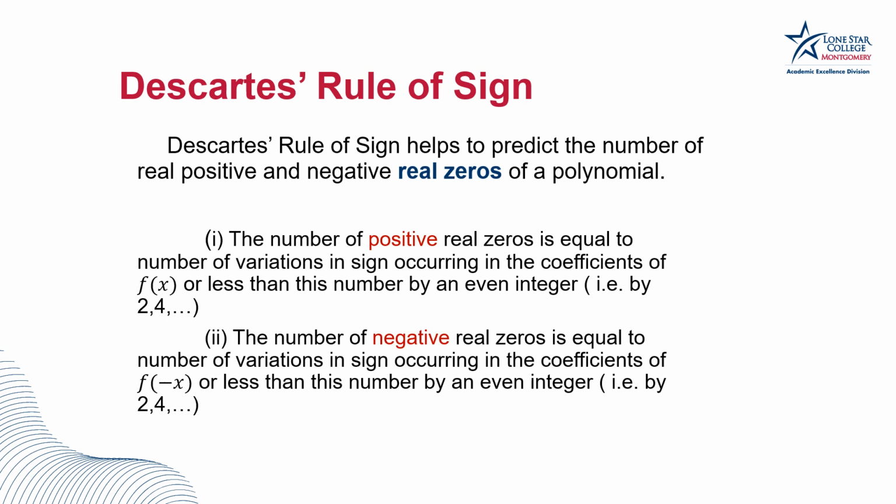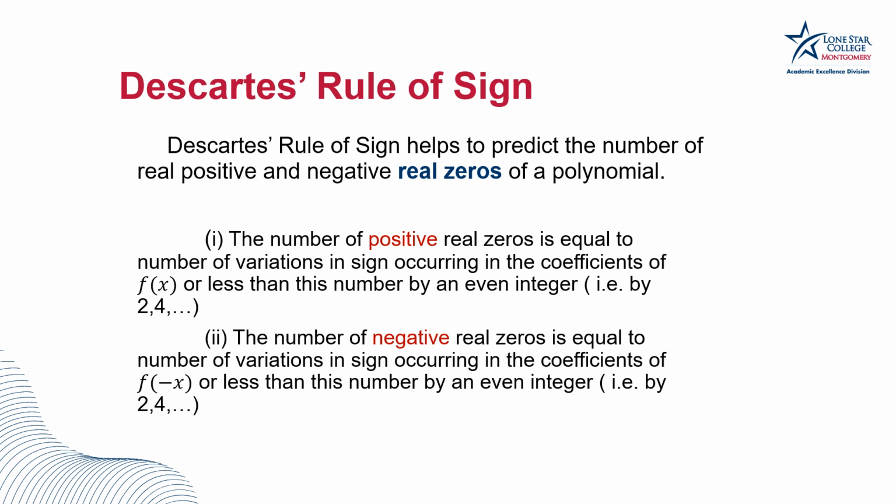Essentially, you would look at your polynomial function and look at how many sign changes there are. The number of sign changes will be the number of possible positive real zeros, or the number of sign changes less than that number by an even integer. Now the same thing can be said to find negative real zeros, but the difference is that you would apply it to f of negative x.